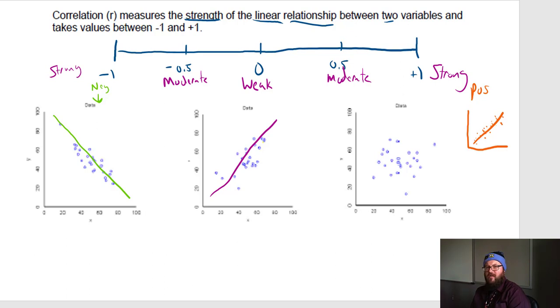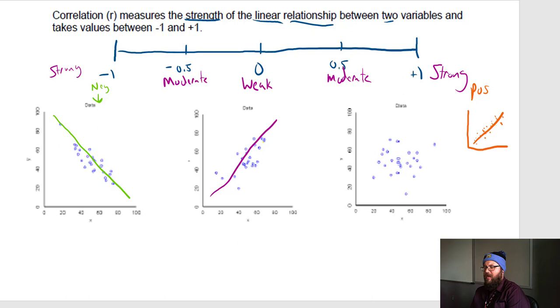The correlation, again, goes from -1 to +1. The negative is referring to the direction of the slope. The positive is referring to the positive direction of the slope for the +1. Again, if the correlation value falls in between 0 and -1, it could possibly be just a moderate value, okay? As well as from 0 to +1. It could be a moderately positive slope, possibly, depending on how close it is.